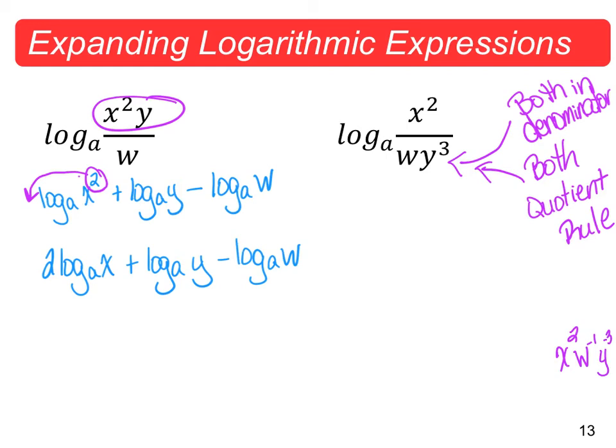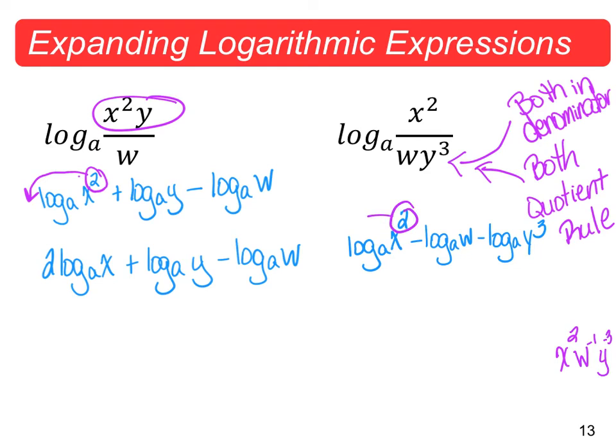So I've got log base a of x squared, and that's positive because it's in the numerator and that's what I'm starting with. Minus log base a of w, minus log base a of y to the third. Now I am going to deal with the power property.